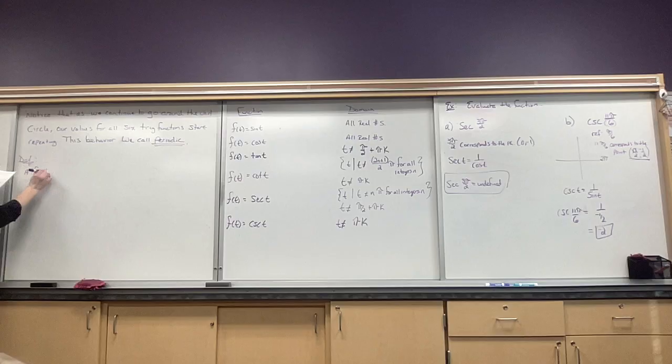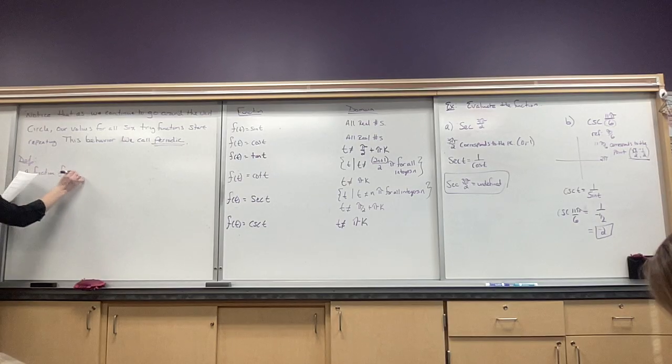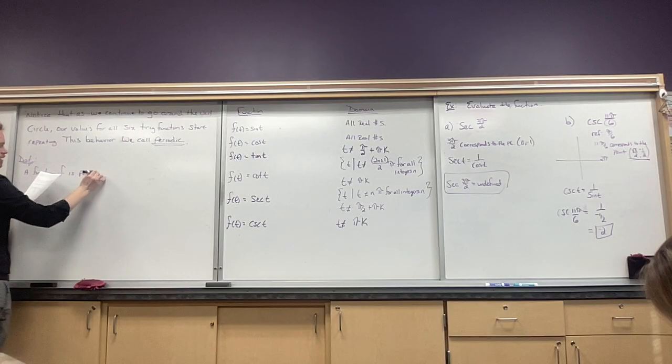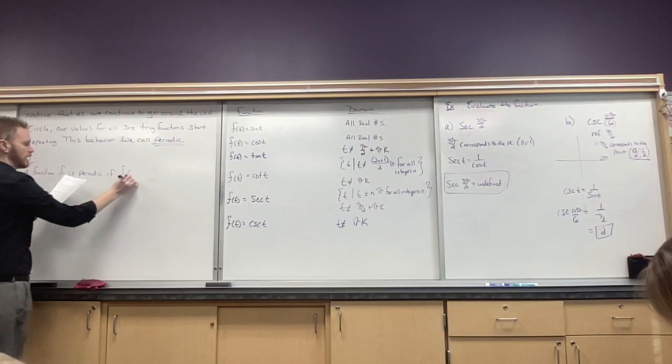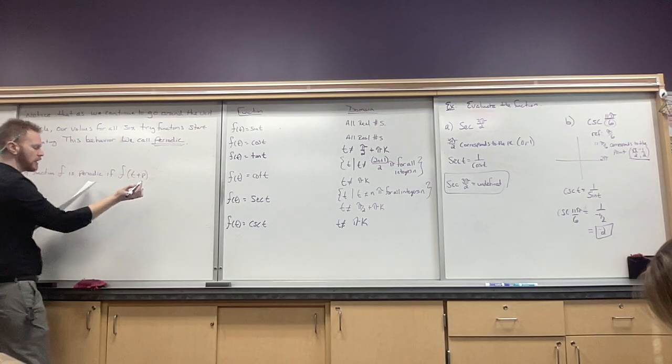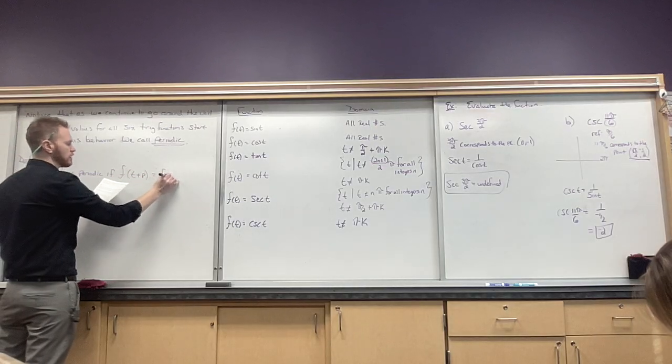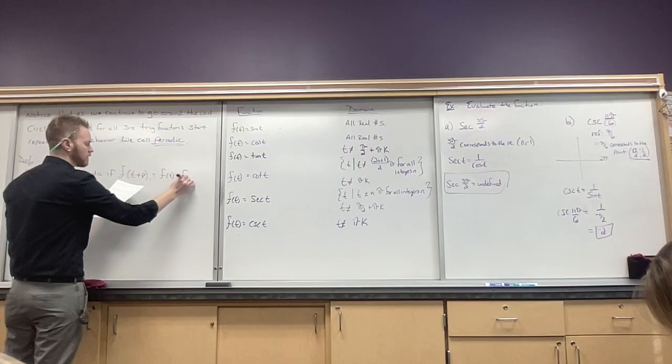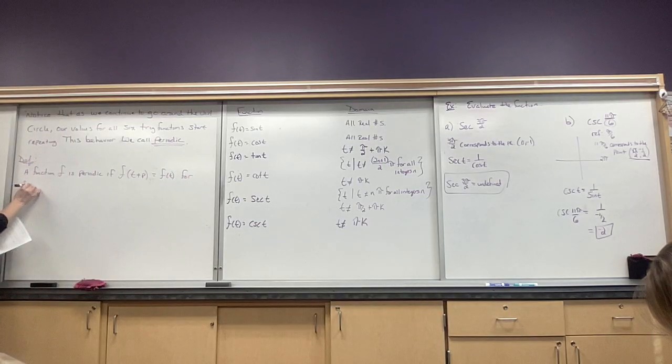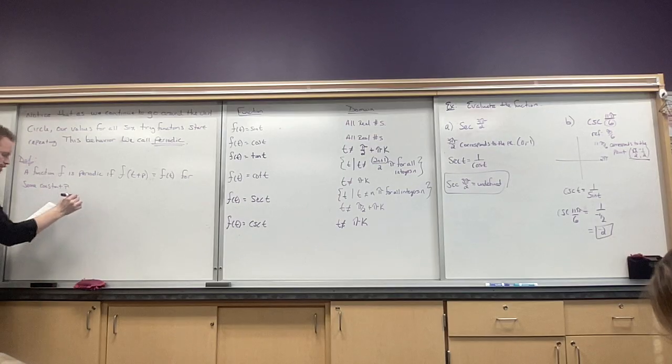A function, we'll call f, is periodic if I take my function, add some value to it, and it's the same thing as it was originally before you add it, for some constant p.